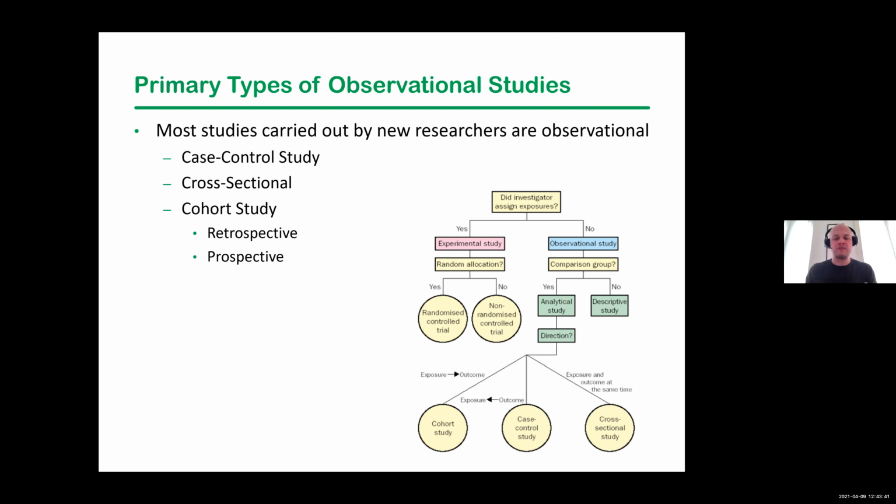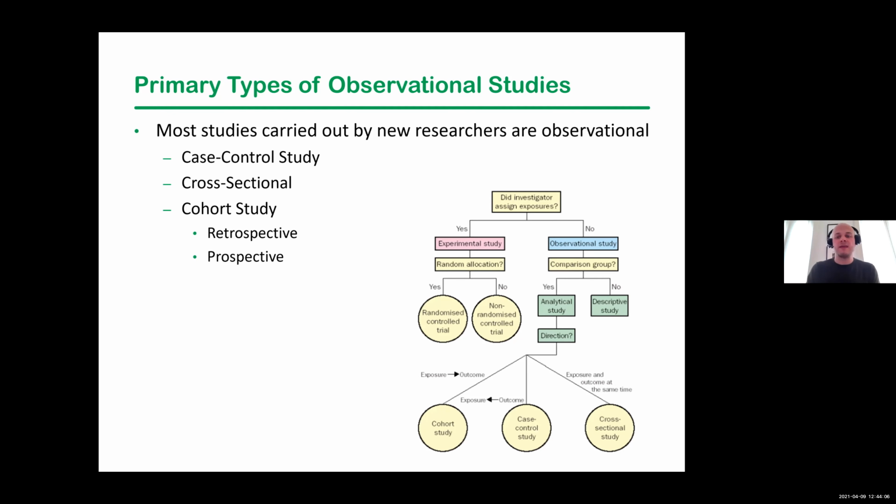And I don't have slides for this in this presentation, but randomization is a magical thing. When you randomize people to a treatment versus a non-treatment, you're balancing out all the confounding between the groups, because in theory, the same confounds that exist in the control group should be the same confounds that exist in the intervention group. So randomization is a wonderful thing that makes analysis so much more straightforward.